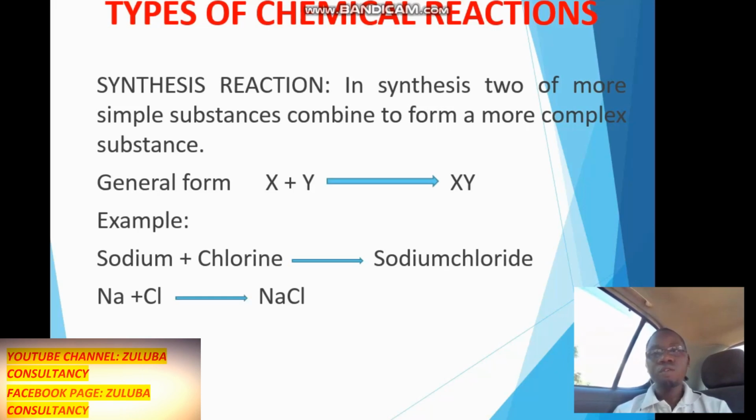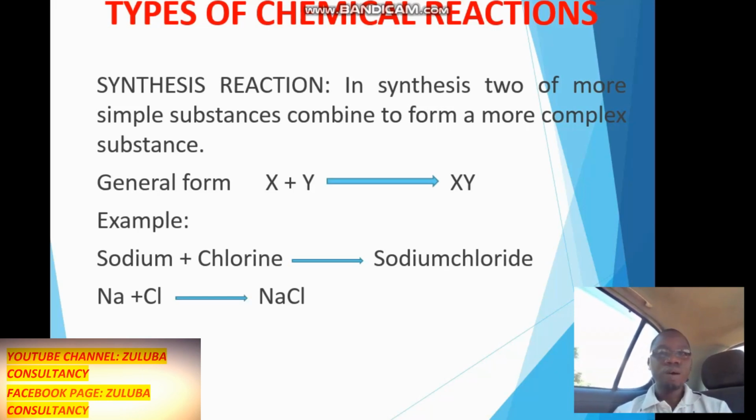Now, what's the general formula of this type of reaction? We have X plus Y giving us a more complex compound, which is XY. So X and Y have added to form XY.